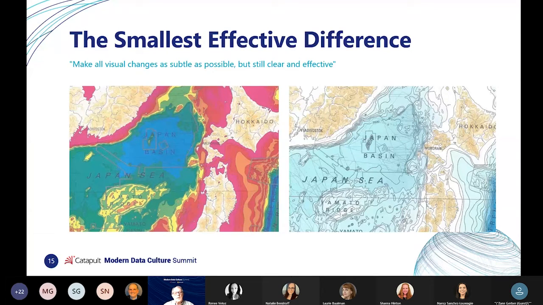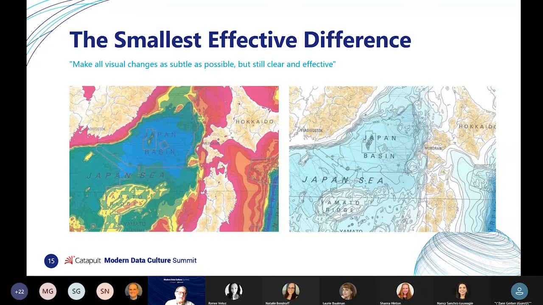If you look at the 2 images on the screen, you have a very overloaded image on the left that has a lot of unnecessary accoutrements, additional colors, things that are not really necessary to portray the depth of the sea, essentially. So the image on the right removes all of that. It shows what's totally necessary to show the data and nothing more.